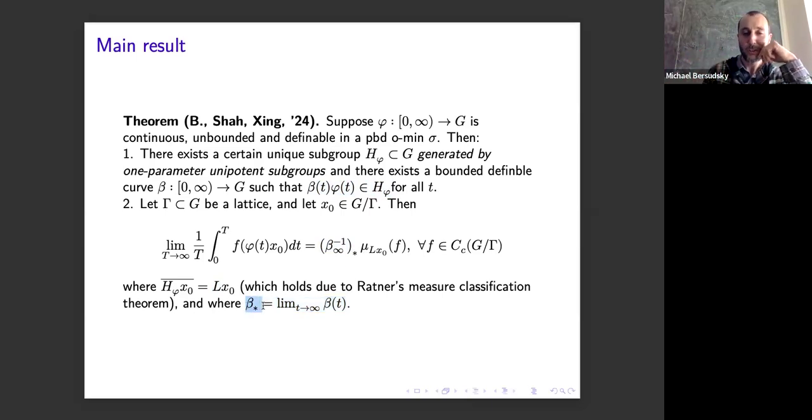So this will converge, and it should be beta infinity, sorry. By taking the inverse, you get the limit of the original average. So in a sense, it will converge asymptotically to this periodic orbit L, to this subtorus L x naught.